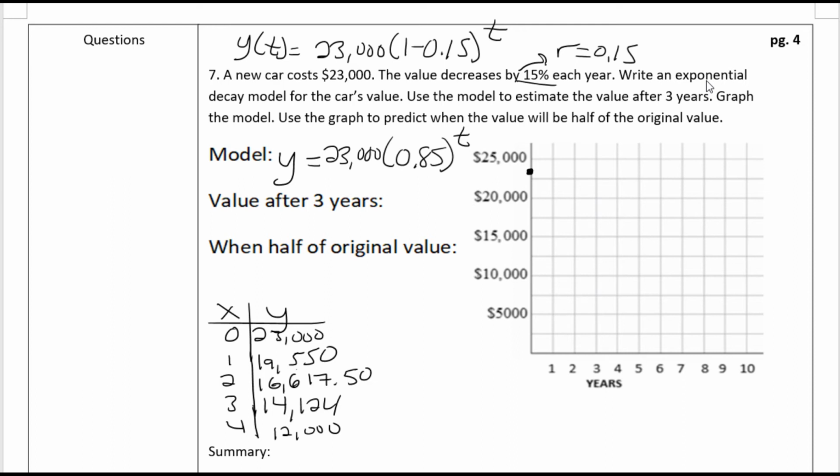And then after 1 year, 19,550. After 2 years, 16,600. After 3 years, 14,000. After 4 years, about 12,000.